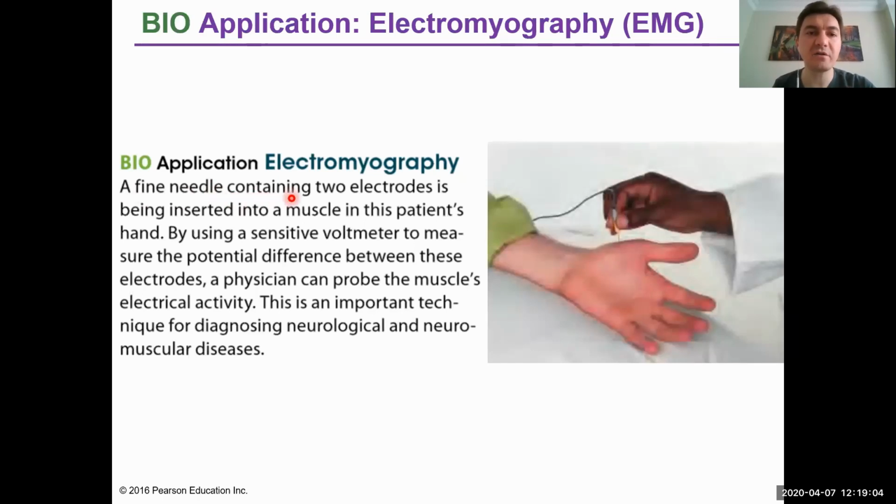A fine needle containing 2 electrodes is being inserted into a muscle in this patient's hand, using a sensitive voltmeter to measure the potential difference between these electrodes. A physician can probe the muscle's electrical activity. This is an important technique for diagnosing neurological and neuromuscular diseases. This is a very nice example of precise voltmeters, let's say.